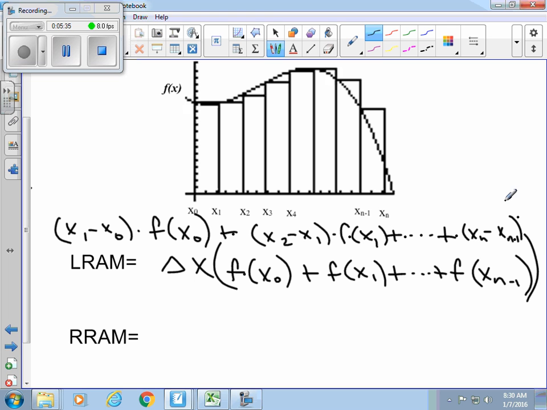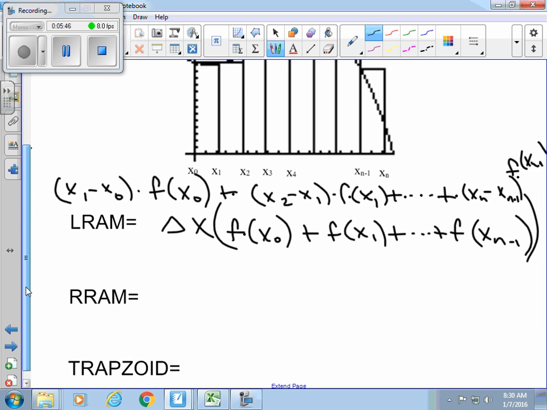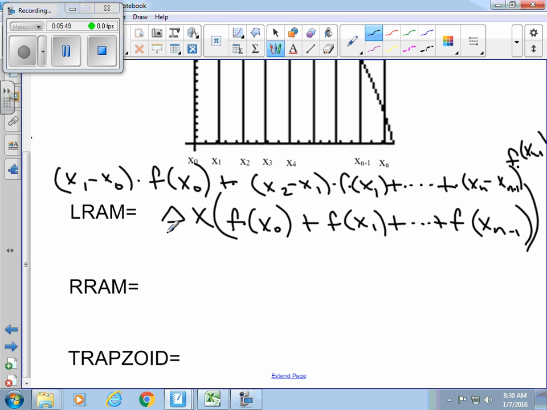Yes, sometimes you will. F of x sub n minus 1. If the partitions are not equal, we will have to multiply each one. So the partitions can be different sizes, yes. Now, if you're choosing them, how are you going to choose them? If you're picking, you're going to pick equal ones because it's easier, right? If you are not choosing them, you may have no choice, and I'll show you an example of that momentarily.